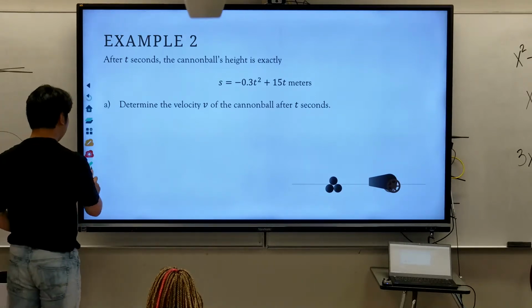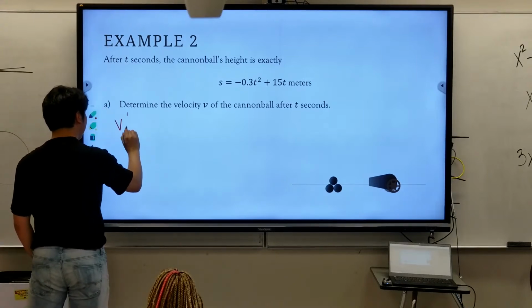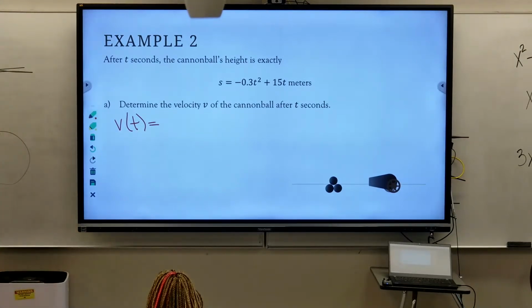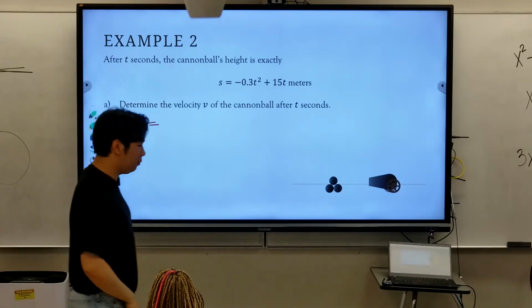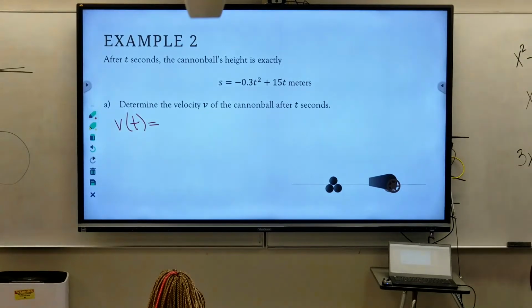So how do I get the velocity of the cannonball, v of t? How do I get velocity based off what I have already? Yeah, the derivative of position. So what's the derivative of that function?